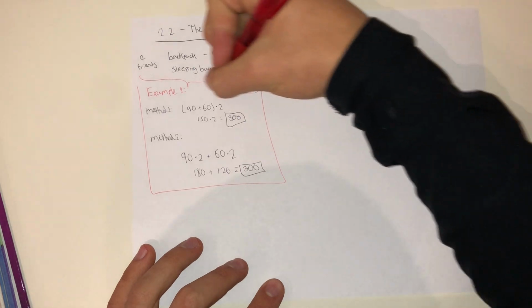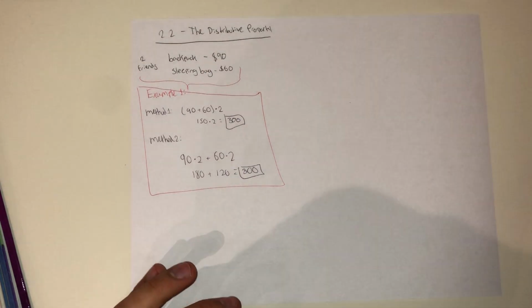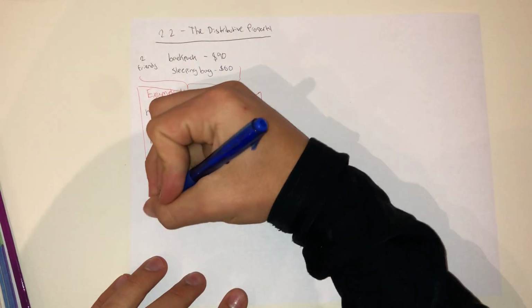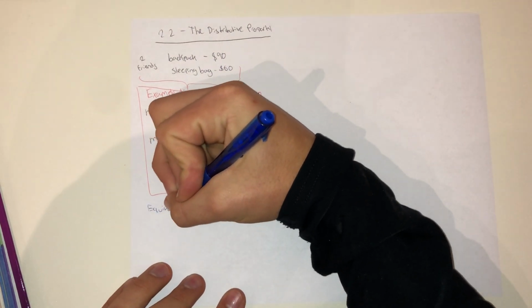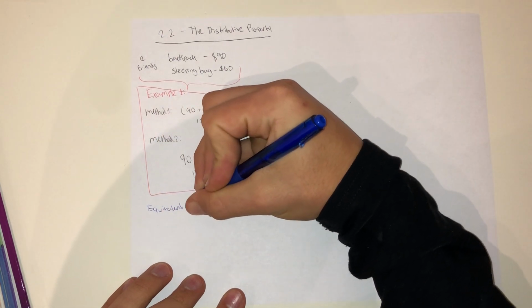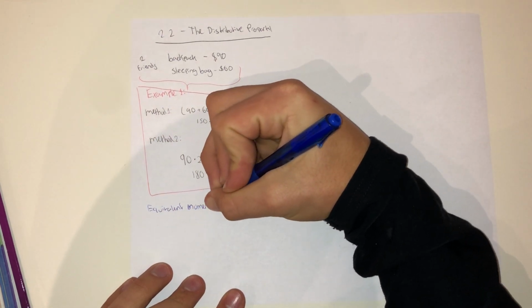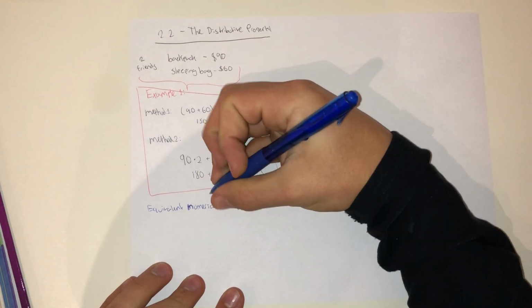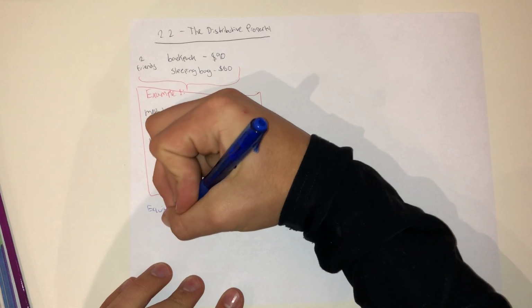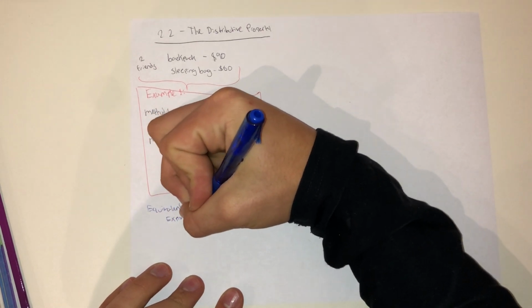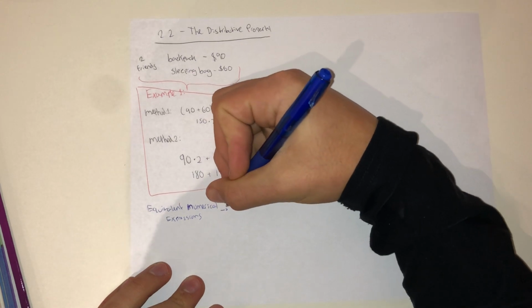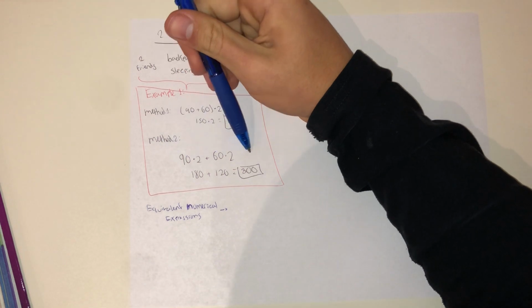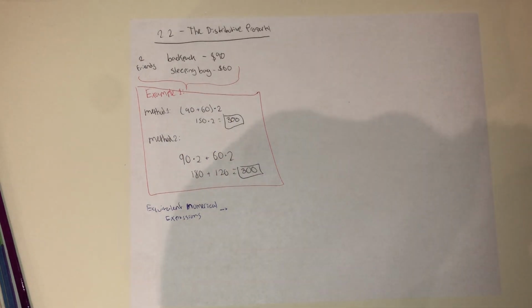This brings us to equivalent numerical expressions. This and this are equivalent numerical expressions because they have the same value.